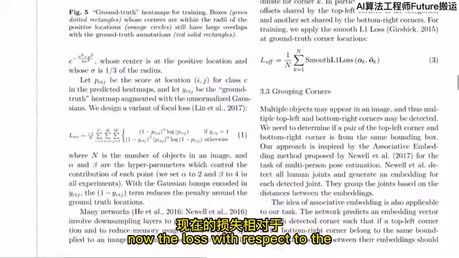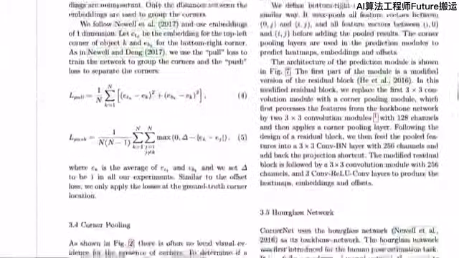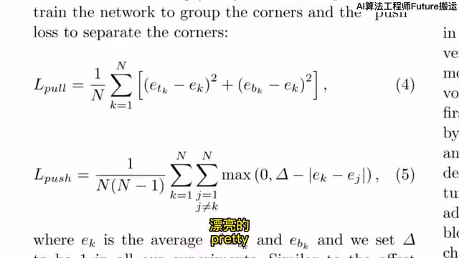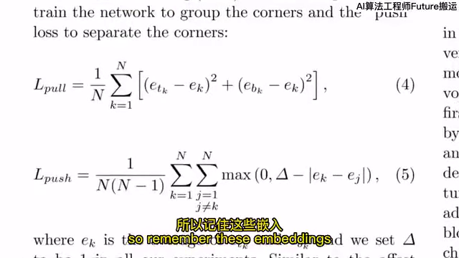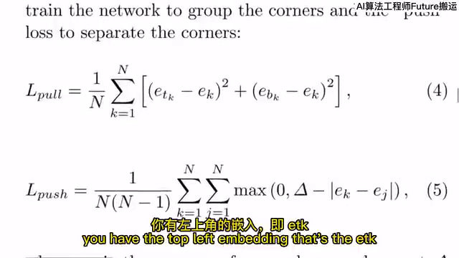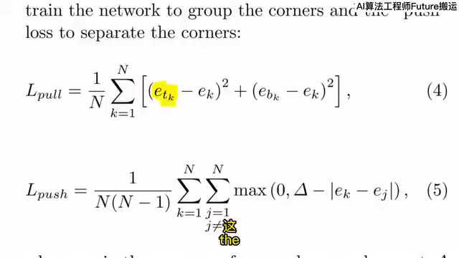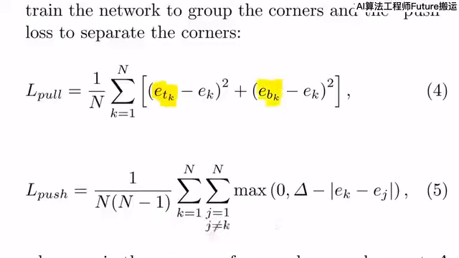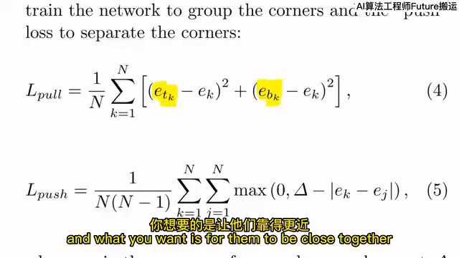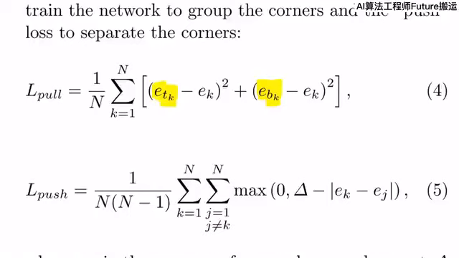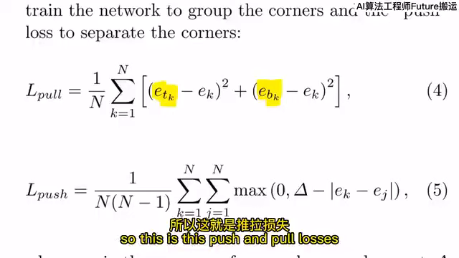Now, the loss with respect to the embeddings is pretty straightforward. So remember, you have two embeddings per object. You have the top left embedding, that's the e_tk, the top corner embedding, and you have the bottom right embedding. And what you want is for them to be close together when they describe the same object, right? So this is this push and pull loss.